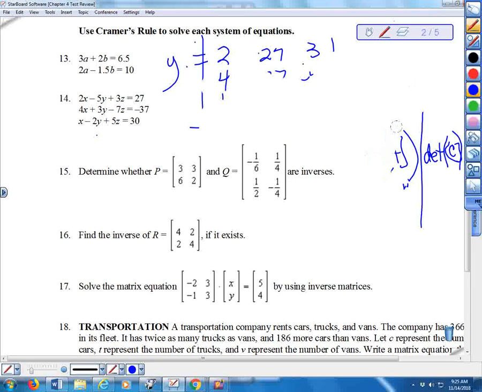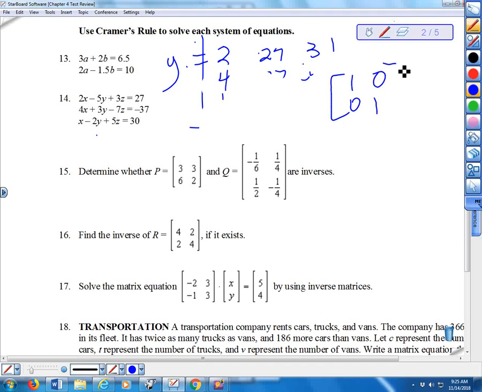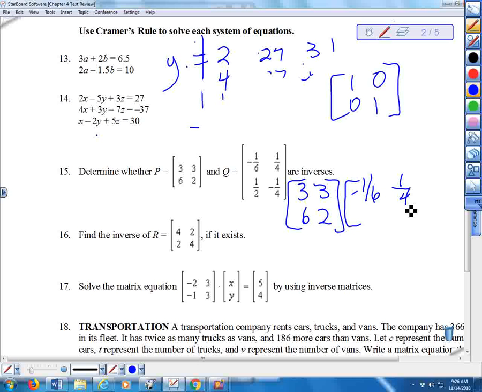Determine whether these two are inverses. How do we do that? We're going to multiply them together, and if they give you the identity matrix, which is that, then they are inverses. Okay, so what I've got to do is multiply one half and negative 1/4.